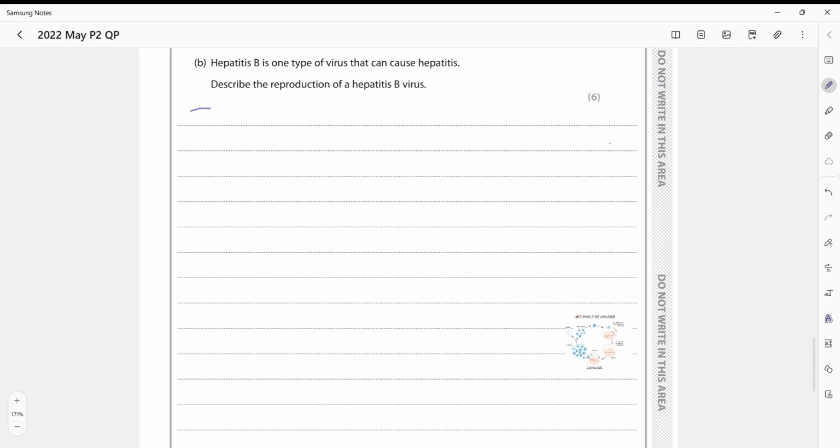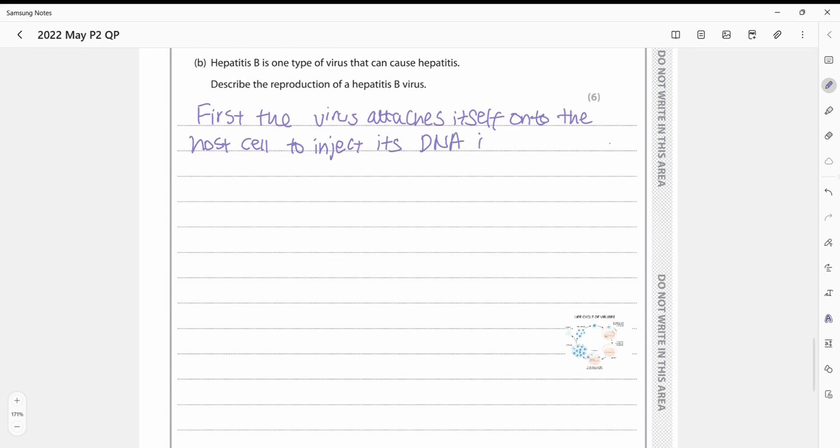Okay, first, the virus attaches itself onto the host cell to inject its DNA inside.